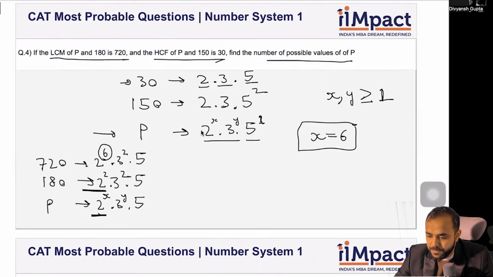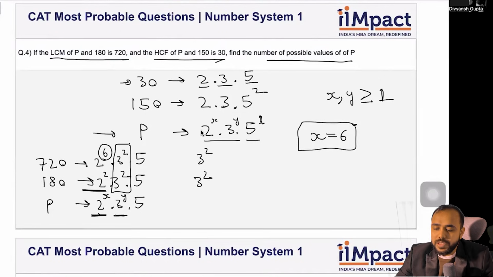It's a fixed number. Now, about the situation of 3, you already have 3 square in 720, which can hypothetically be accommodated by 3 square in 180, which means your y here need not give you 3 squares. Your P need not have 3 square. It can have 3 to the power 1, it can have 3 to the power 2.